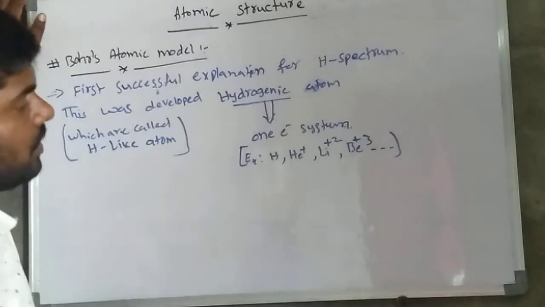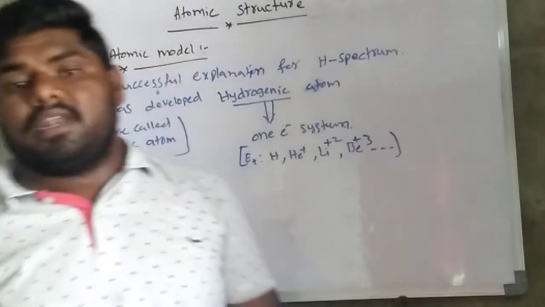It means the outermost orbital has only one electron.